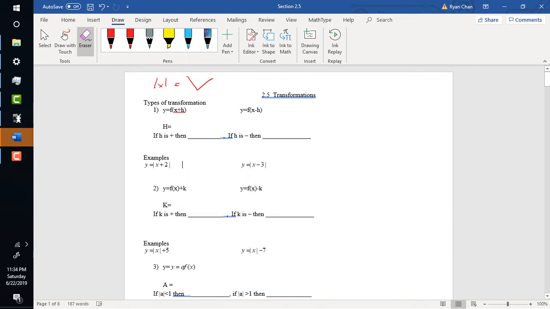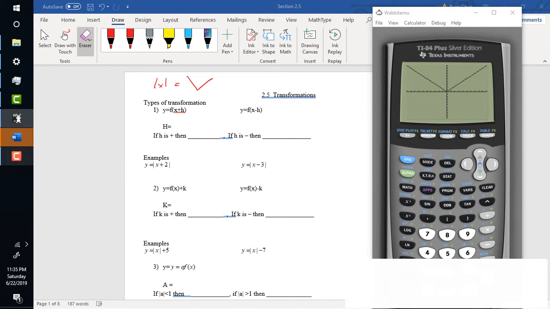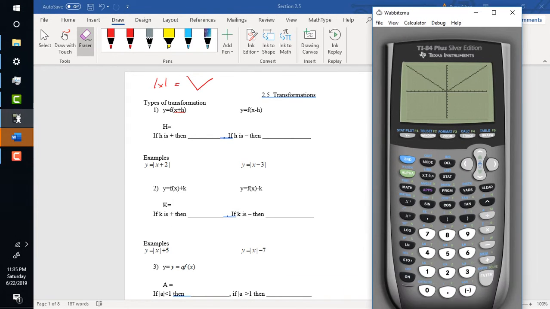So let us graph some of these examples right here. I'm going to graph inside absolute value of x plus 2. Notice if I graph it, my V goes to the left.